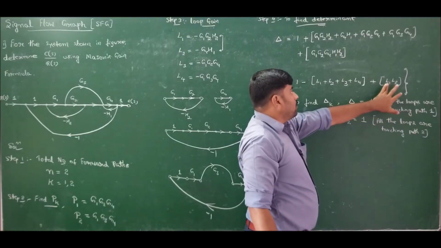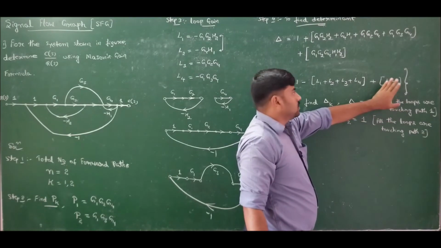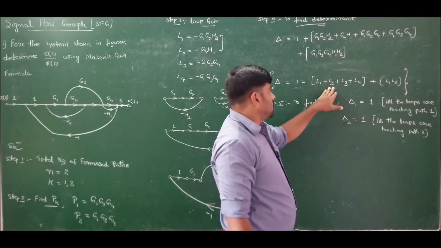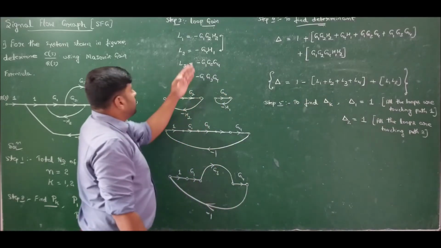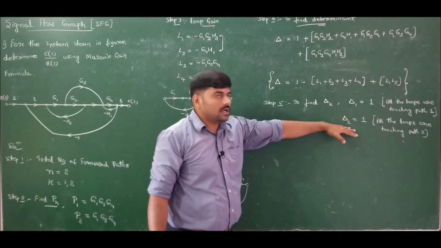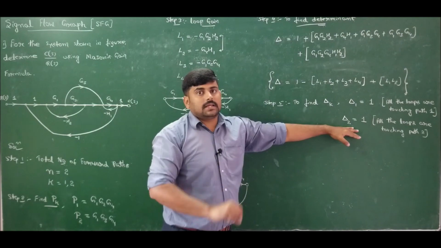Here, in combination with L1, I should eliminate L1, therefore 0 into anything will become 0. Only L2 would have been left out. What is 1 minus L2? 1 plus G4 H1 would be the answer for delta 2 if loop 2 had not been touching path 2.